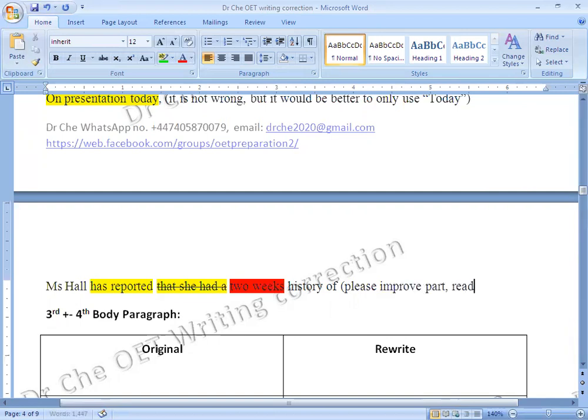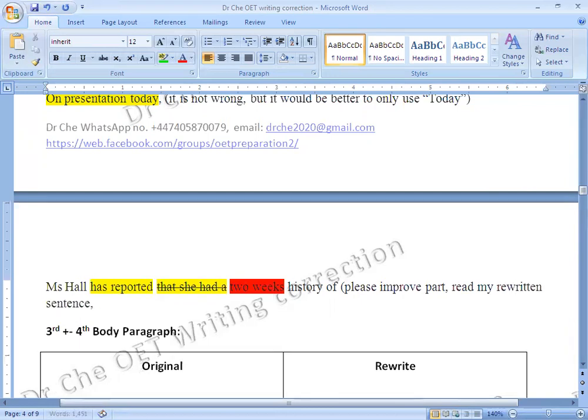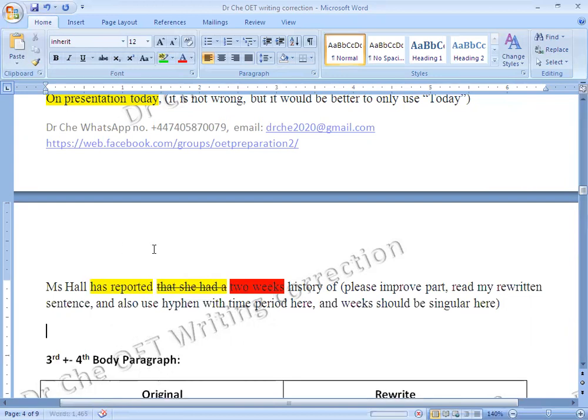Read my rewritten sentence, and also use a hyphen with the time period here, and weeks should be singular, without s.